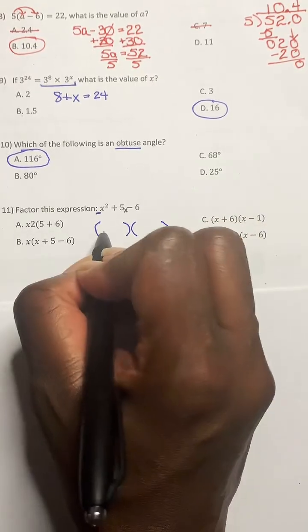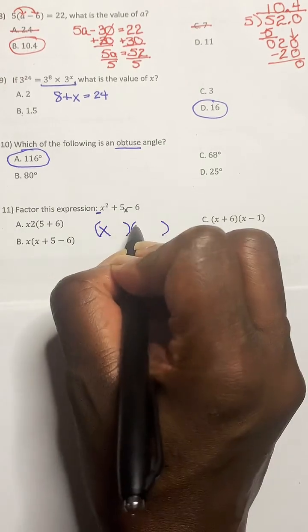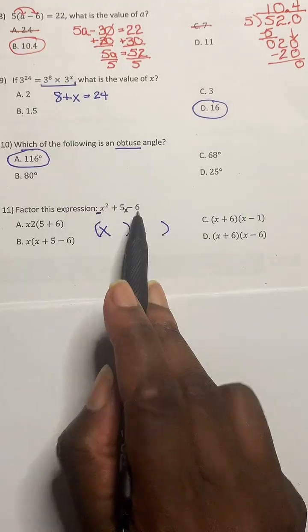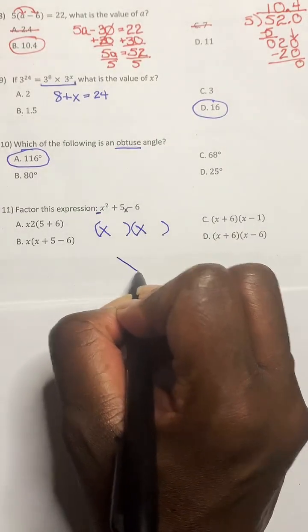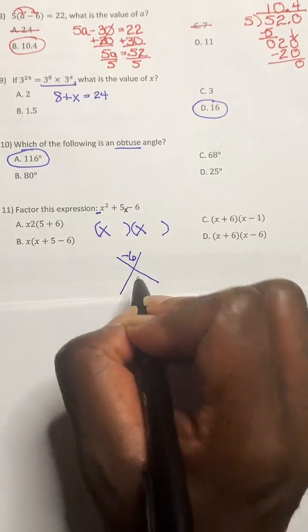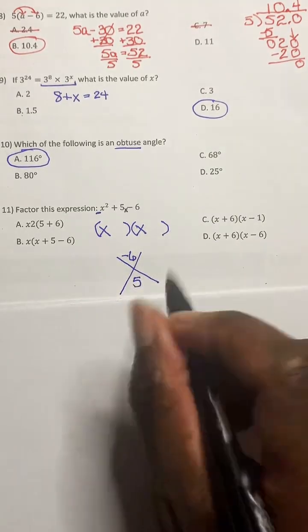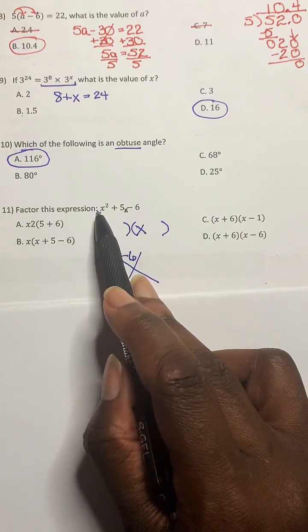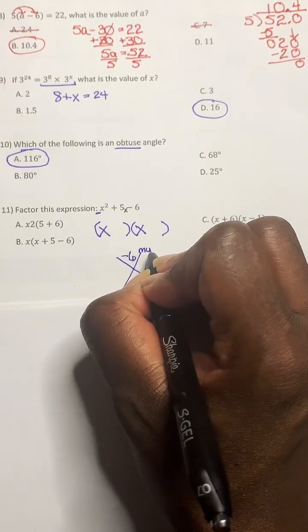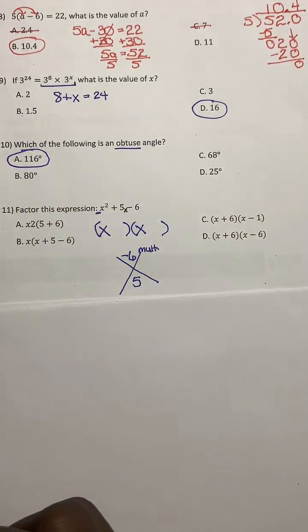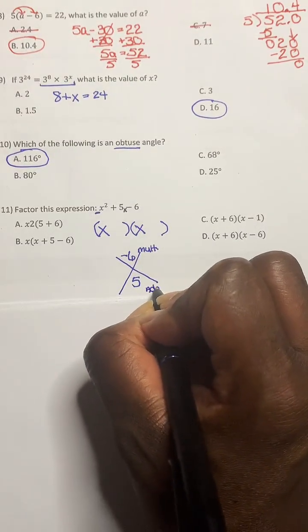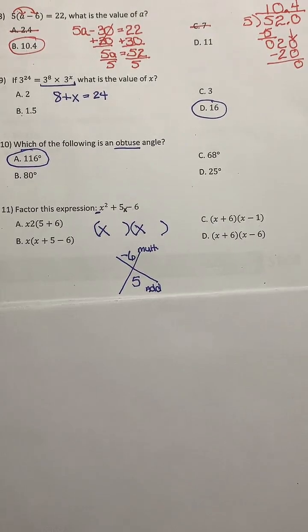So that means I can just go ahead and split my x's. So now we have our negative 6. I like to draw a little box or a little x there. We're comparing our negative 6 and 5. Negative 6 is the product of my A and my C. And I want to know what two numbers multiply to give me negative 6 and add to give me a positive 5.